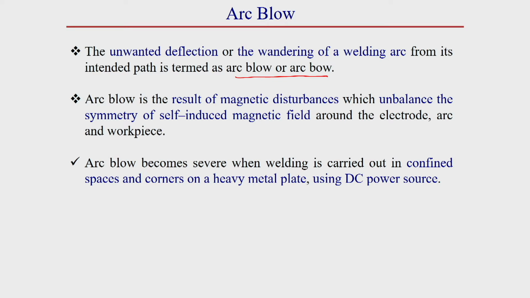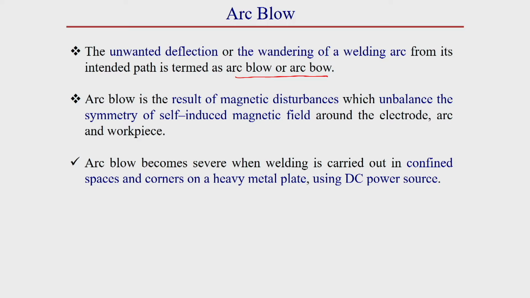Arc blow is the result of magnetic disturbance. That means wherever current is flowing, as I have already told you, there generally develops a self-induced magnetic field. So once this magnetic field is disturbed, that means this arc blow is the result of magnetic disturbance, which generally unbalances the symmetry of the self-induced magnetic field.